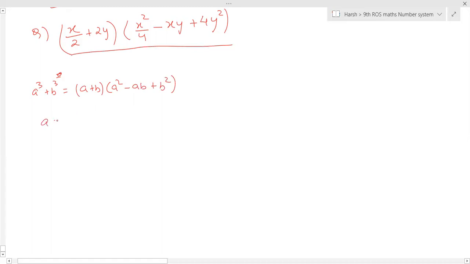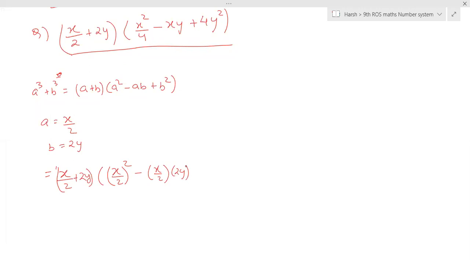If I say A is equal to x by 2 and B is equal to 2y, we can write it like this: A plus B is x by 2 plus 2y, into A square, x by 2 whole square, minus x by 2 into 2y, plus 2y the whole square.